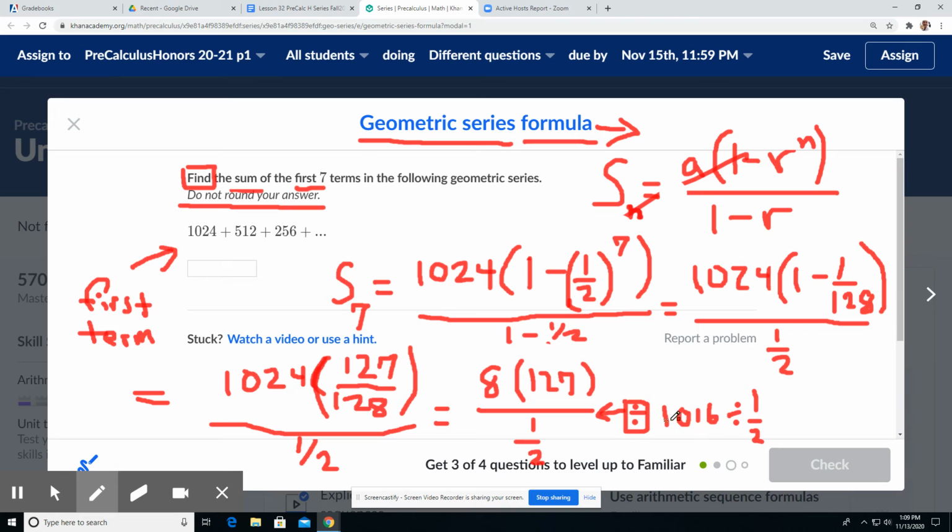So it just flips it, changes it to multiply. Getting kind of tight over here. 16 times 2. And there's our final answer, 2032.